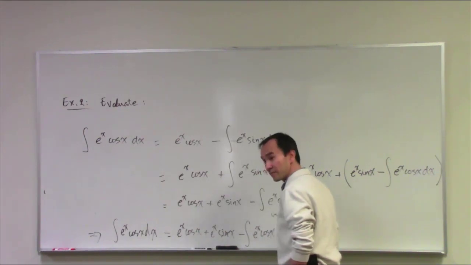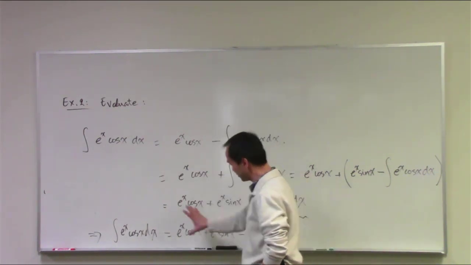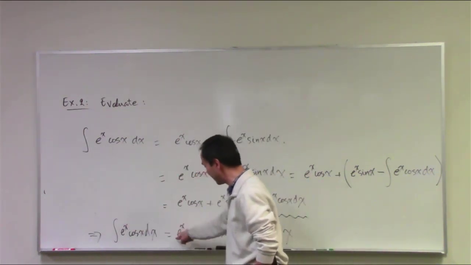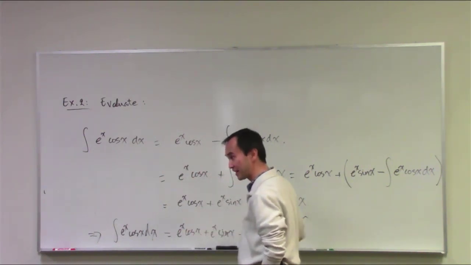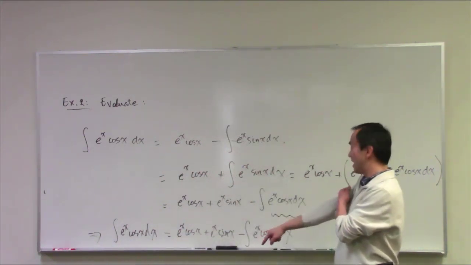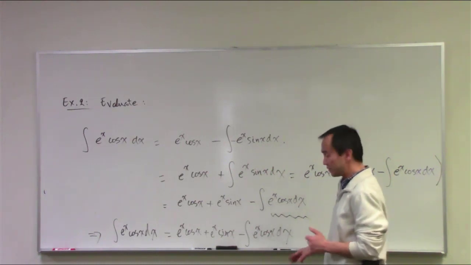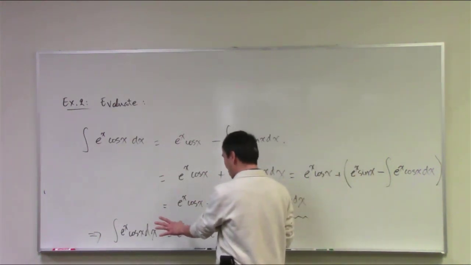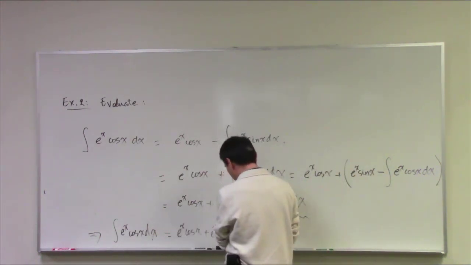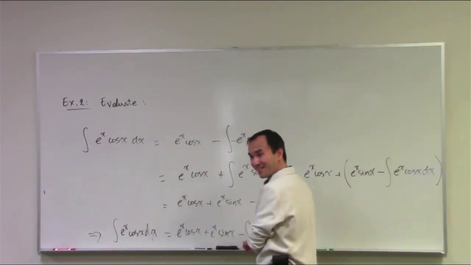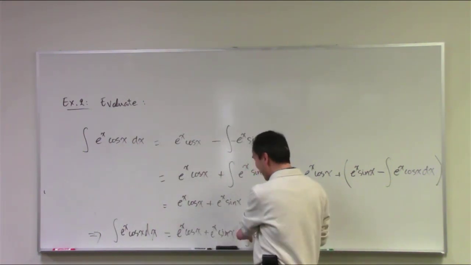You guys agree? That's just how we're writing it. So this is the integral from the beginning, and we have proven that it equals all this. So we have that equality just fine. Now, seeing this as an equation, and it's got a negative sign right here, why don't we add this to the other side?